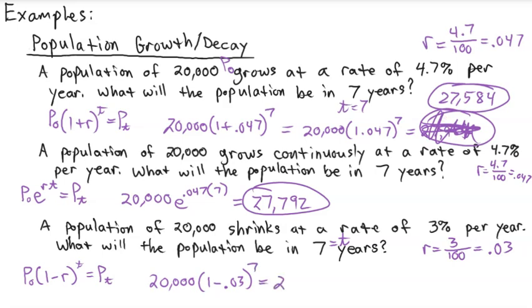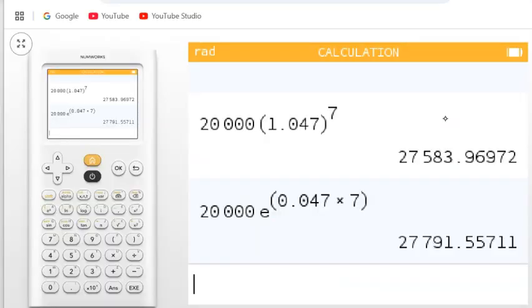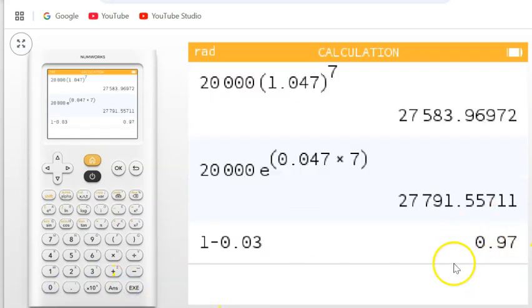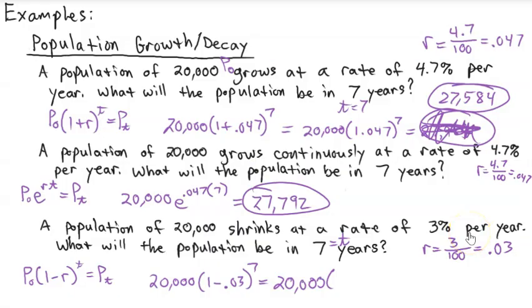Let's write this now as 20,000 times, what is 1 minus 0.03? We get 0.97. That's what's going inside the parentheses here.